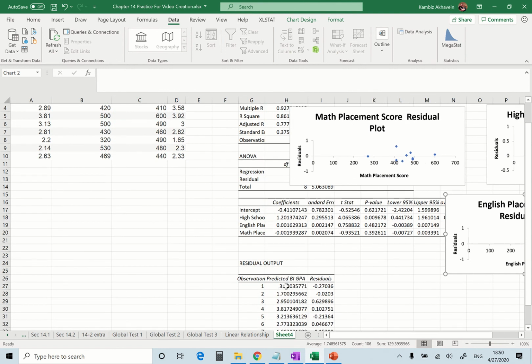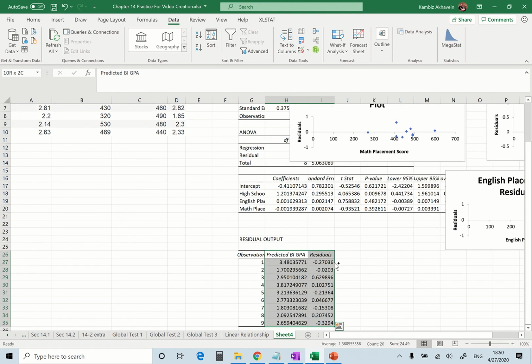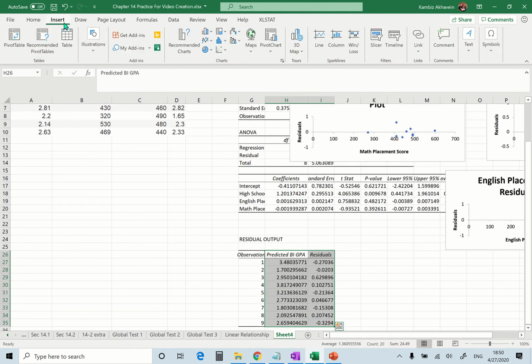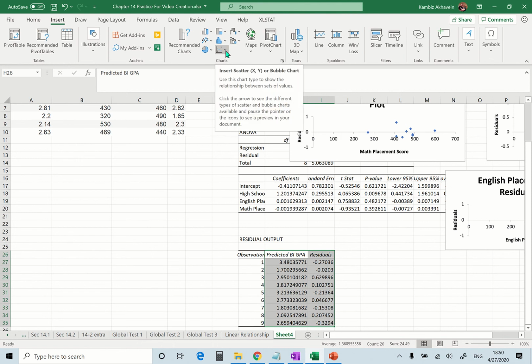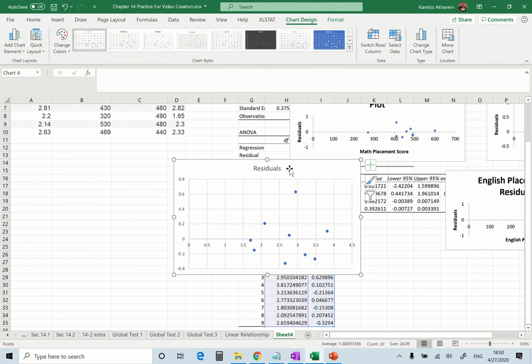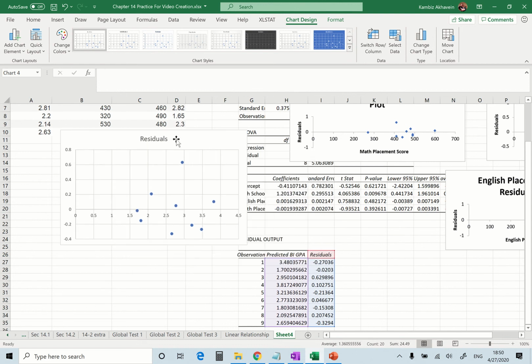So now this one shows me the predicted value of GPA against the residual. So what I do, I take this whole thing and I go ahead and insert a scatter diagram for this one here. This checks my residuals, my errors, against the predicted value along that line of 0.